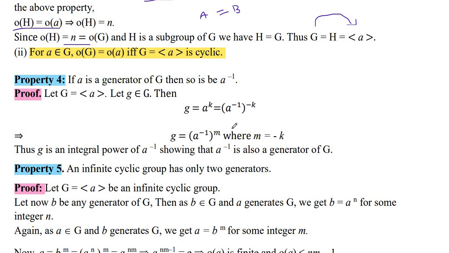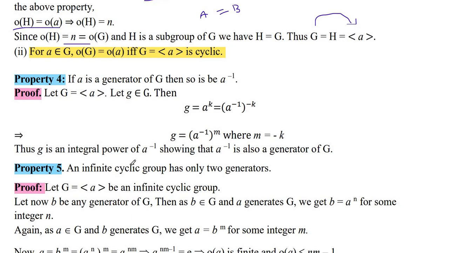We never said that it should be a positive integer. So we shall name this minus k to be, say, some m. So your g is now written as some integral power of A inverse. Thus g is an integral power of A inverse, showing that A inverse is also a generator of G. So that's a simple proof.